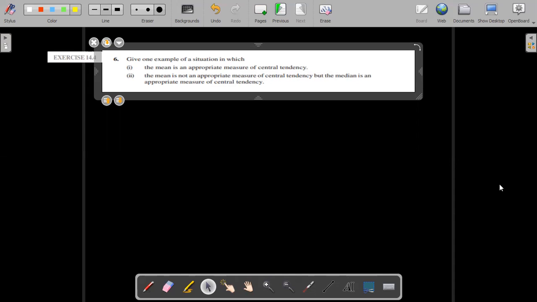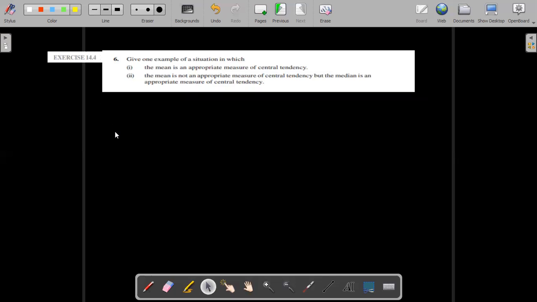Mean is a quantitative central tendency of data. For measuring the central tendency of marks of a test, we find the mean of the data. For marks of a test, the mean is the appropriate measure of central tendency.